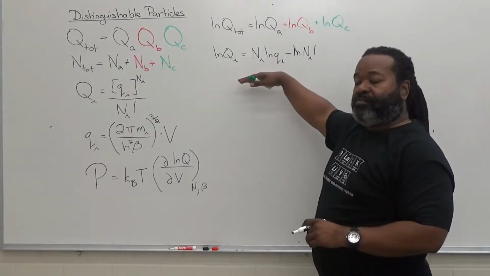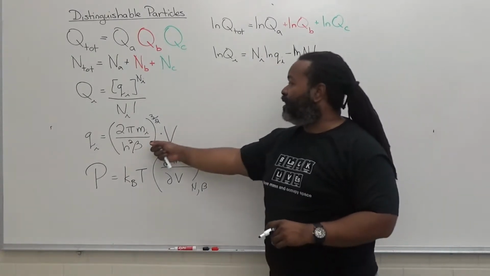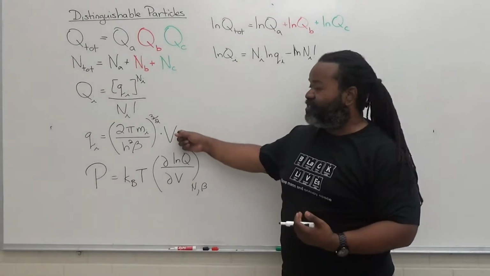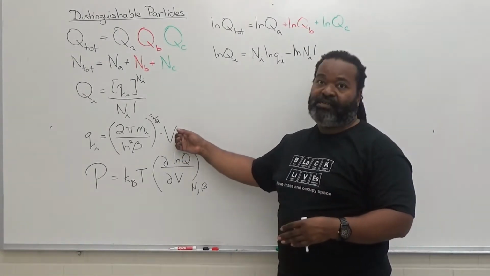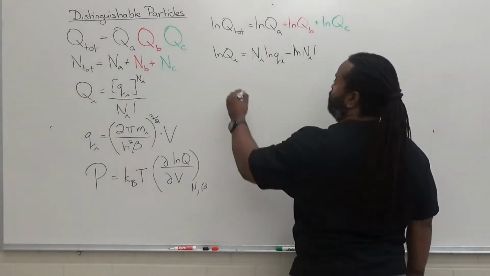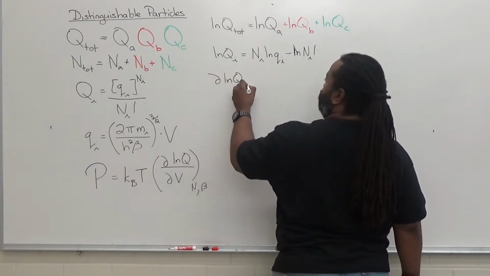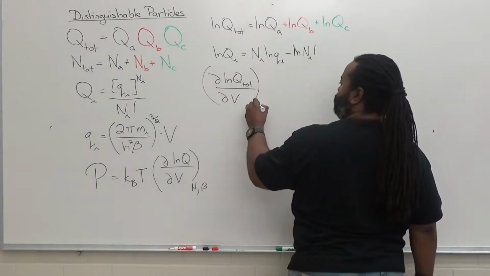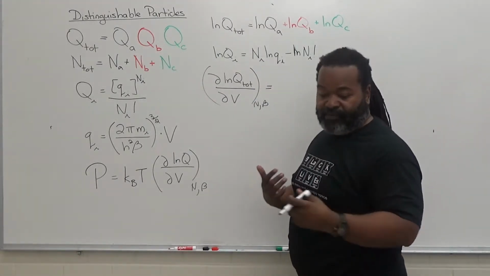So with this setup, we can now substitute in the little q sub i, and because this is a volume derivative, the only term that's actually going to survive taking the partial is going to be the ln of V. So what that means then is that the partial derivative in beta is going to look like the following.